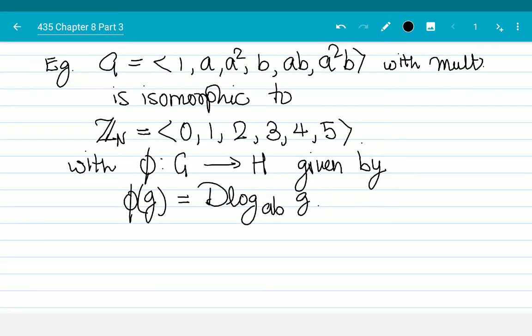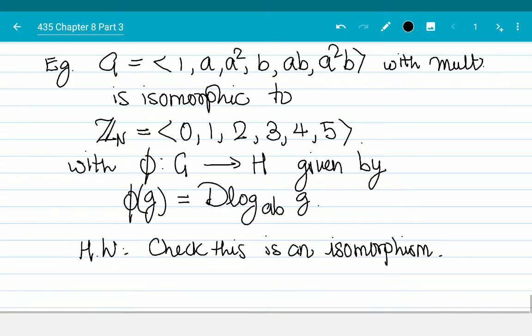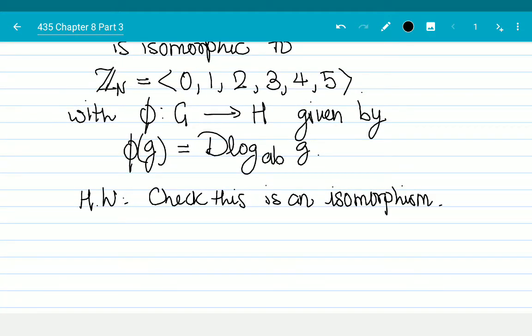Okay, homework. Check this is an isomorphism. Okay. So clearly it is important to choose the groups properly.